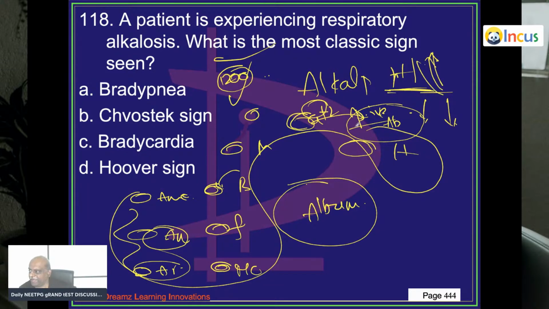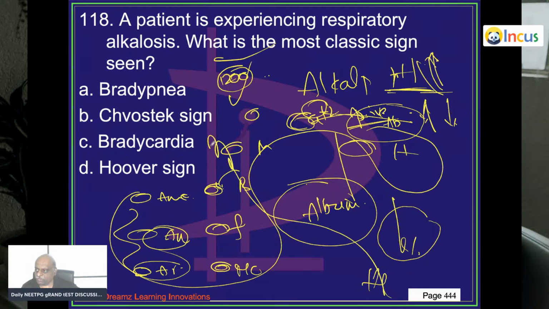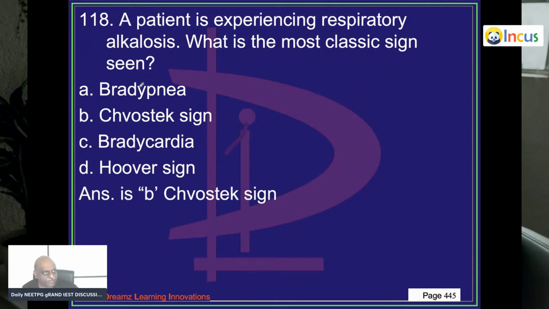Whenever pH is high, negative charges become more and calcium becomes bound. Free calcium is low. That leads to hypocalcemia. Hypocalcemia leads to tetany, Chvostek sign, everything. Right?